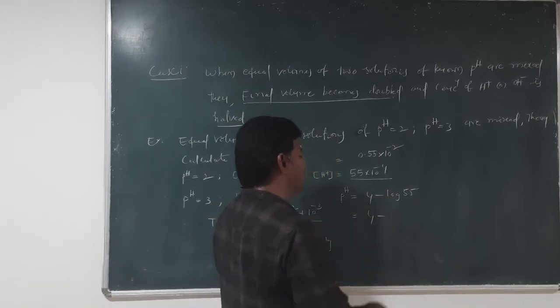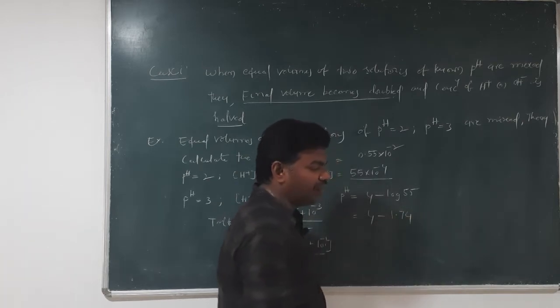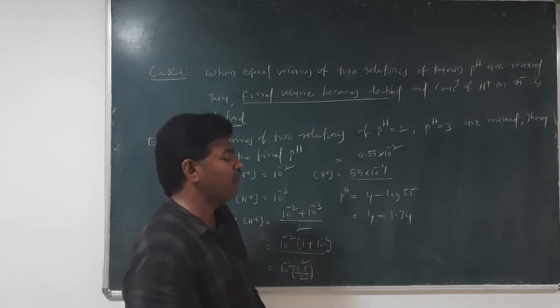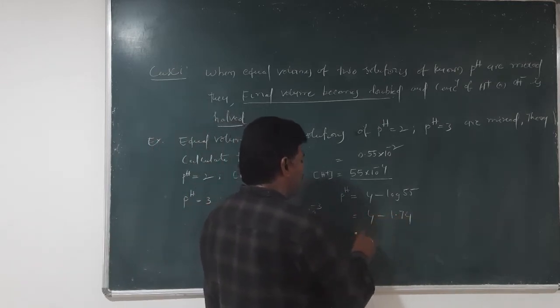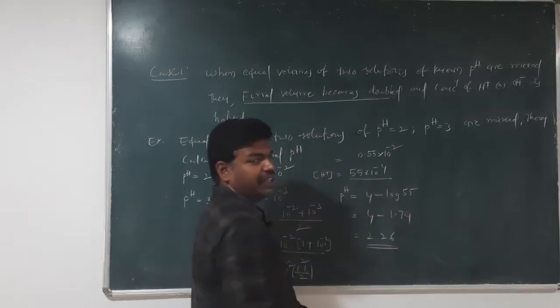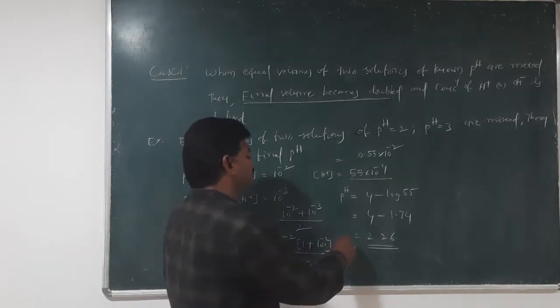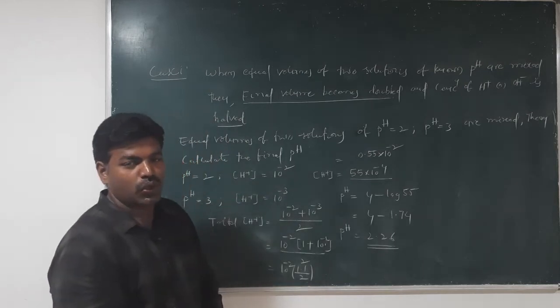The value of log 55 is 1.74. Subtracting 1.74 from 4, we get 2.26. Therefore, the final pH is 2.26.